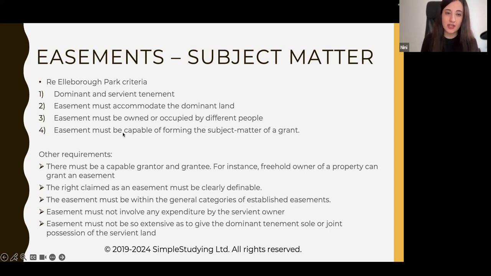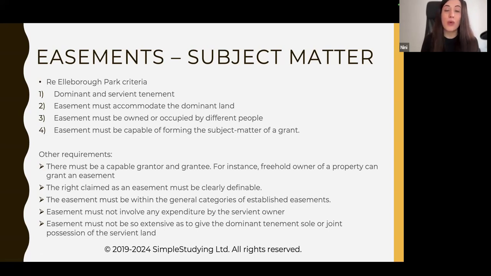So we do have the categories of what is an easement, but it's never established until we have a previous case which recognizes that such kind of thing can be an easement. For example, right to park is a recognized easement.